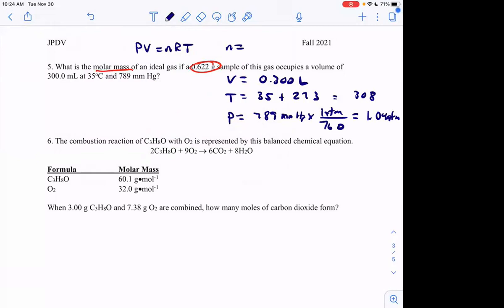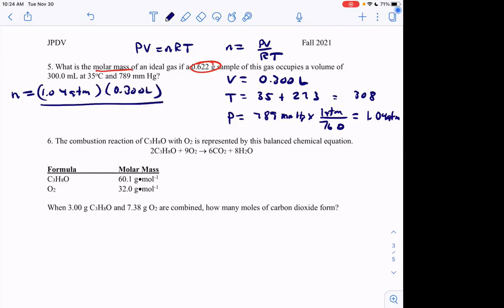So I don't make the mistake, n is equal to PV over RT. If you write these out, you're less likely to get them mixed up and do something backwards. So n is equal to 1.04 atmospheres times 0.300 liters.